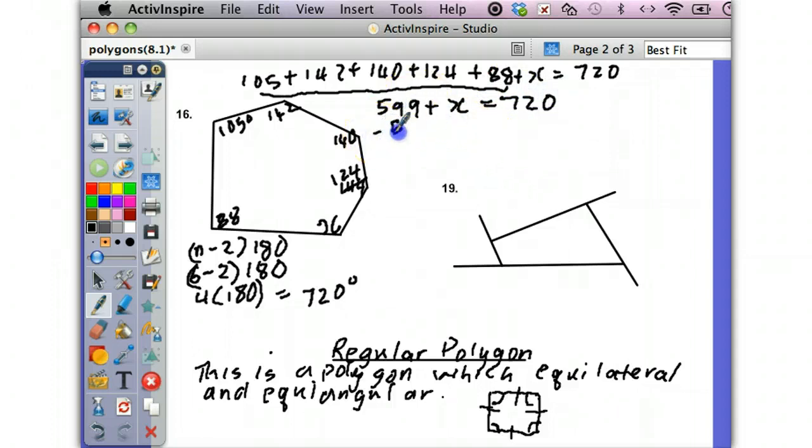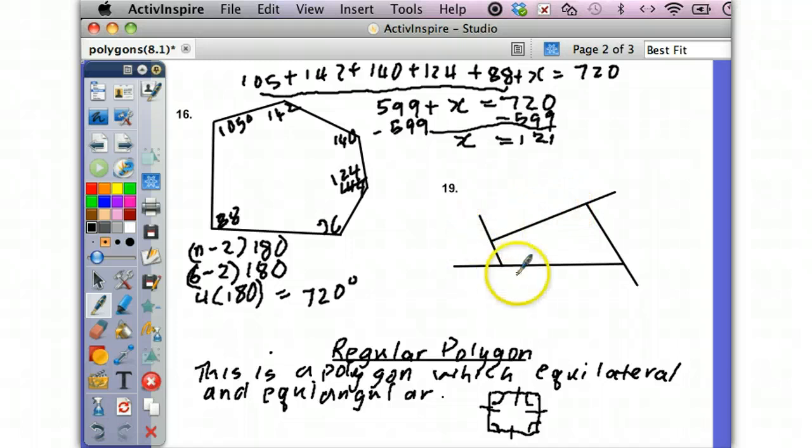Subtract 599 from both sides, and that should give us our answer. X is equal to almost what? 121. Yeah, 600 would give us 120, so this is just 121. So that's what X would be. That's the way you'd find that.